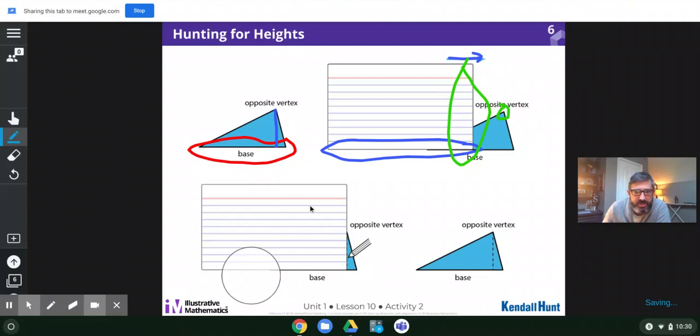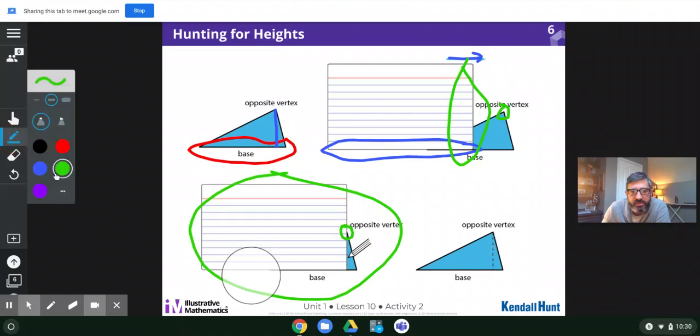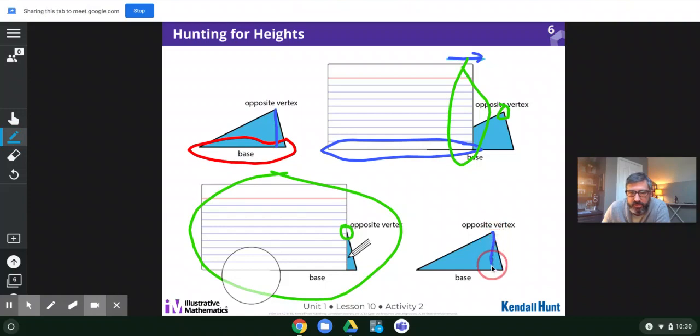You can see that example down here. They slid the index card along the base until they reached the opposite vertex, and then they drew the perpendicular line from the vertex to the base.